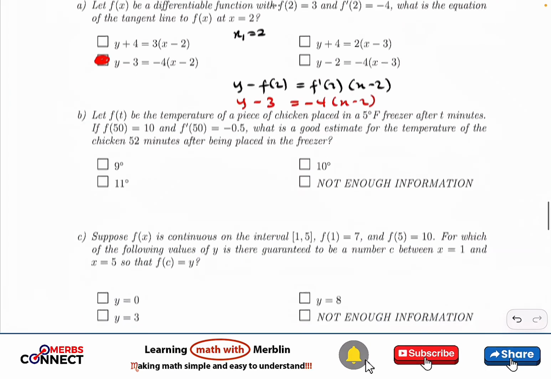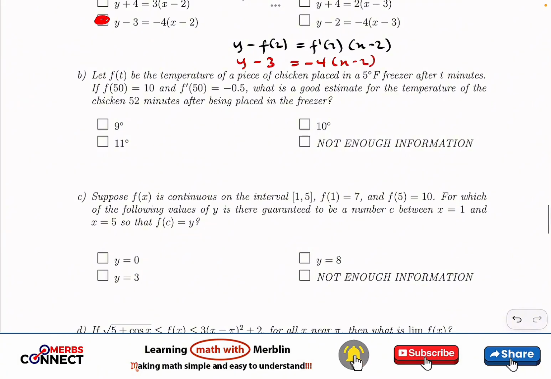Good. Now let's look at question B. Let f of t be the temperature of a piece of chicken placed in a 5 degrees Celsius freezer after t minutes. So we have f of 50 to be this, and f prime of 50 to be this.